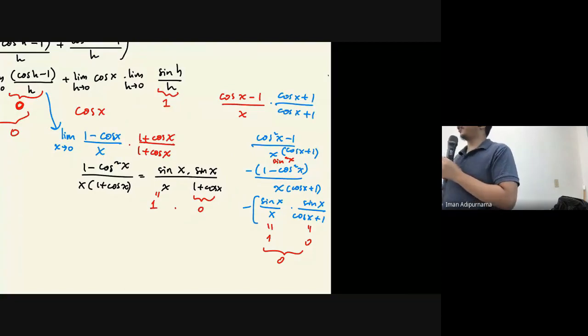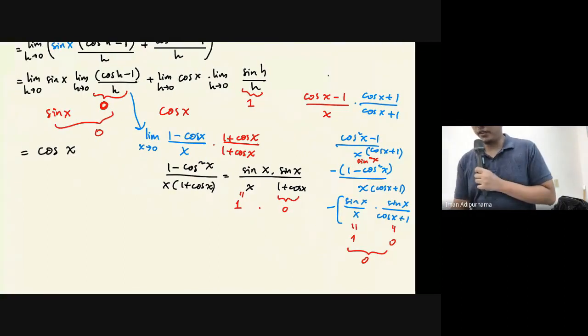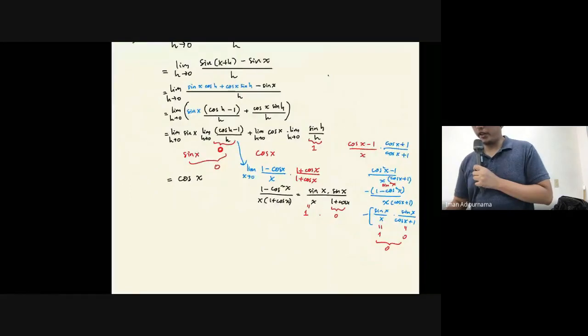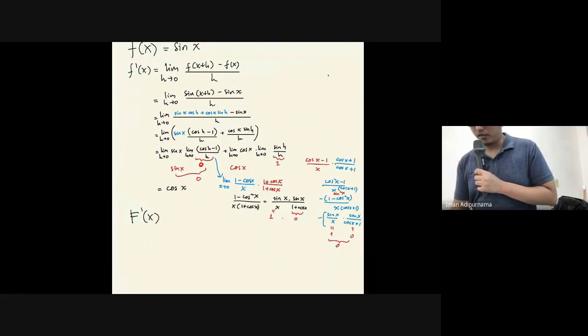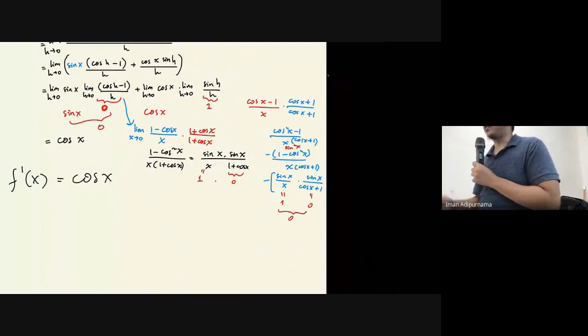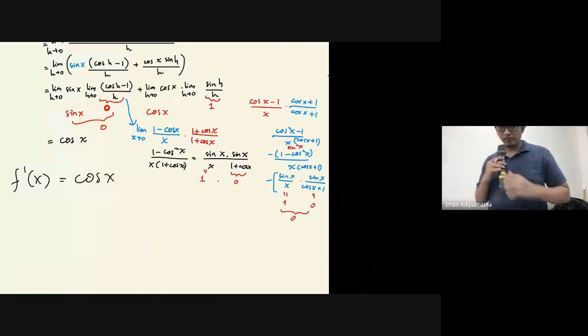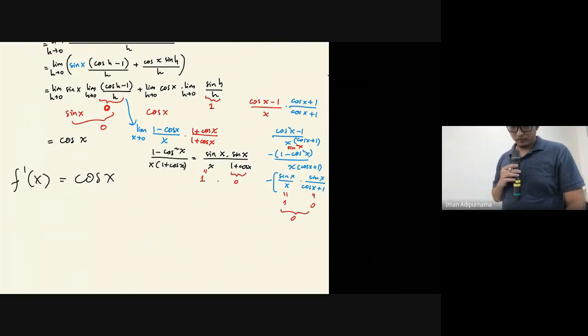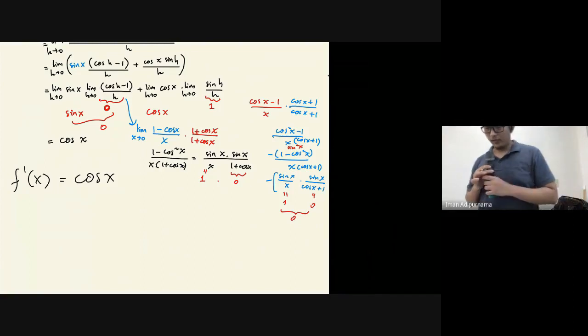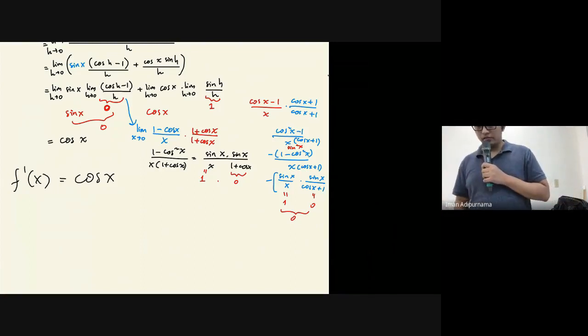Okay. Any questions? So the conclusion, as you may know and are familiar with, your f prime x, or in this case just small f, is cos x. So if you have sine x, then the derivative is just cos x. Same thing with the other basic trigonometry.